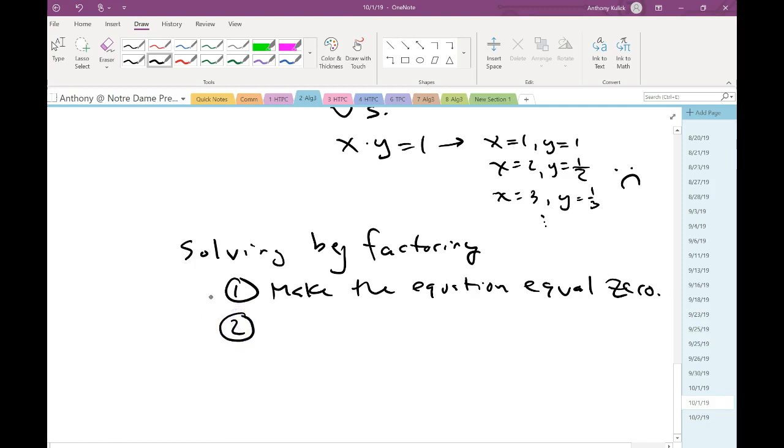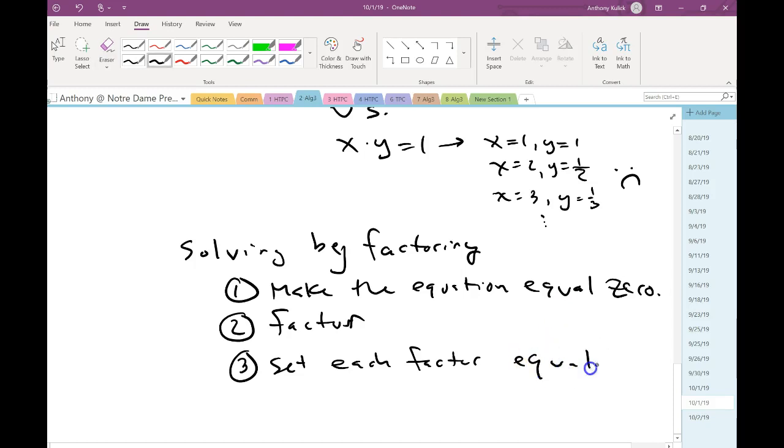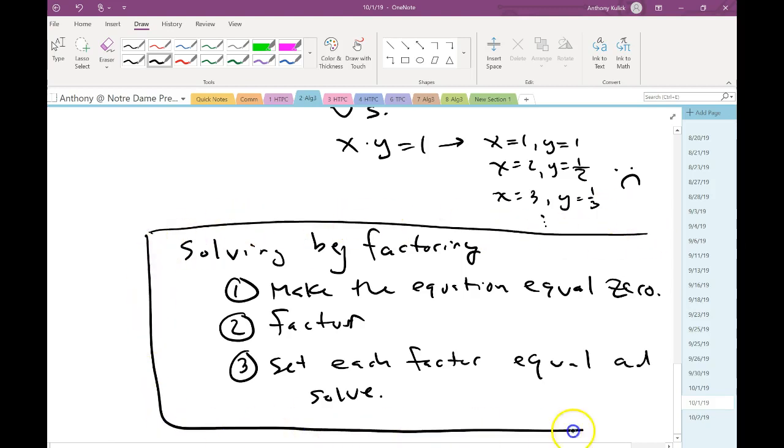Once our equation is equal to 0, we're going to factor. And then our last step is to set each factor equal to 0 and solve. That's our procedure for solving by factoring.